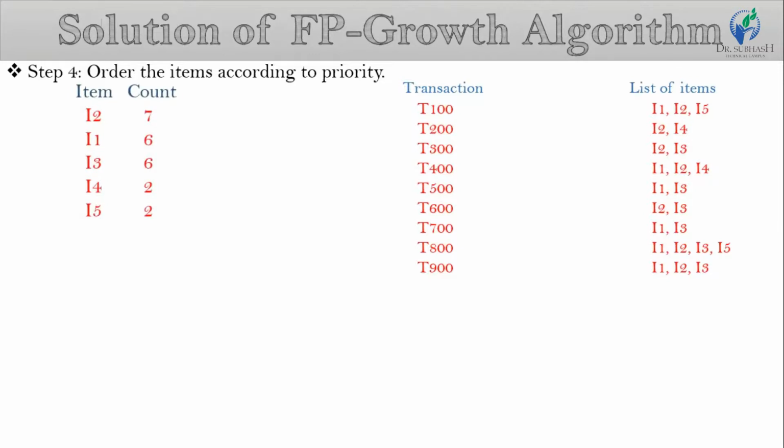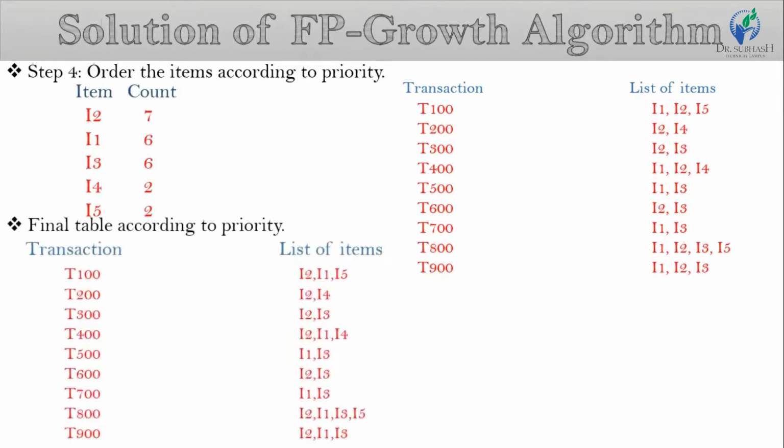So the final table looks like this: in transaction T100, the first item is I2, then I1, then I5. In T200, I2, then I4. In T300, I2, then I3. In T400, I2, then I1, then I4.